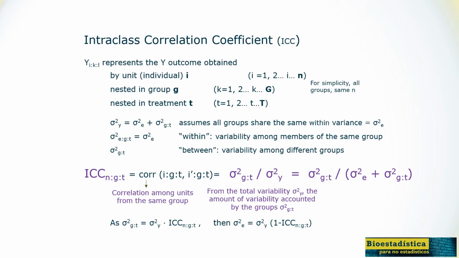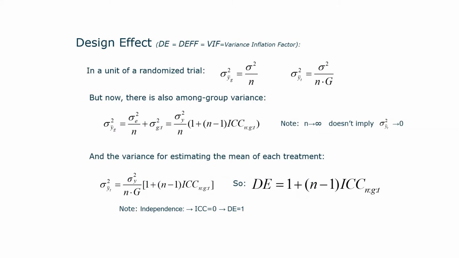We define the intra-cluster correlation coefficient as the proportion of variability shared among the members of the same cluster with respect to the total variability. And here we have the formula for the design effect. As we can see, it depends, 1, on the number of cases per cluster, that is, on the number of cases with repeated information.